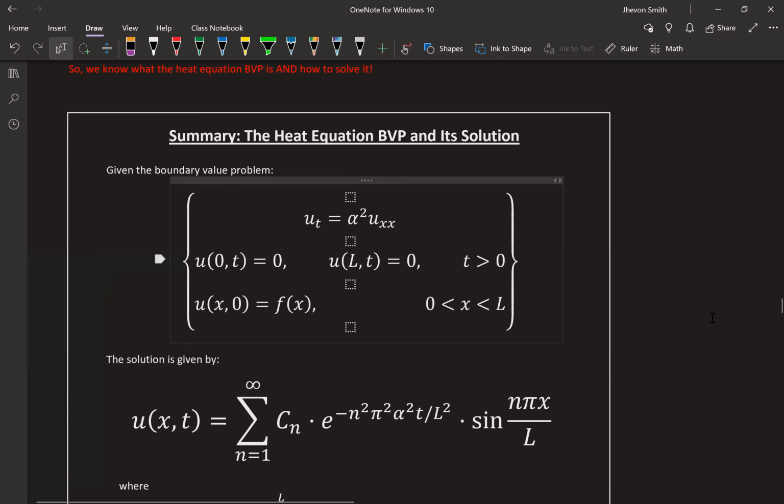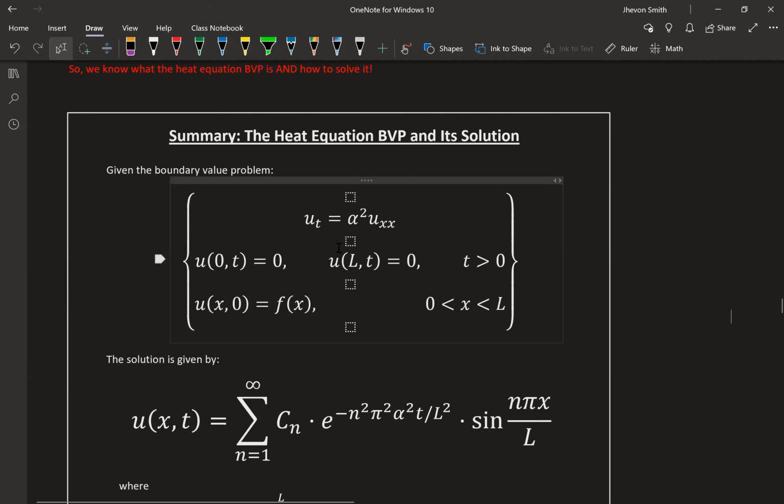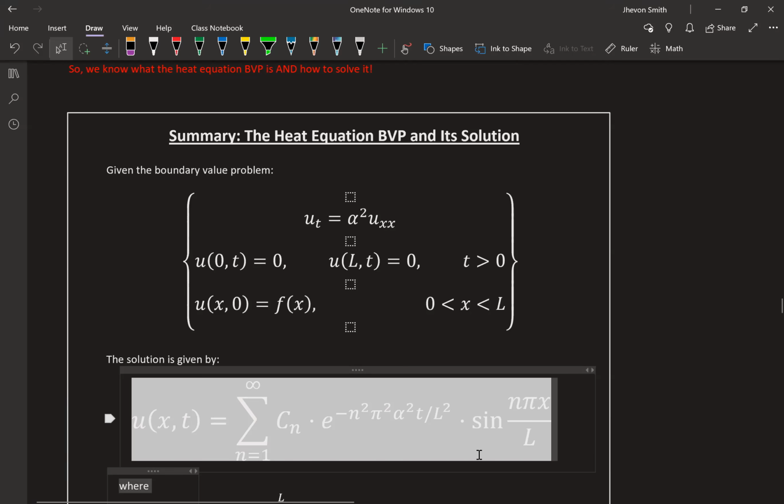The heat equation boundary value problem and its solutions. The heat diffused through a rod, when we assume that the ends are insulated and that it's not losing anything to the atmosphere, and that we know the initial temperature distribution, can be expressed as this kind of problem. The solution to that kind of problem is a series solution, specifically this series solution.